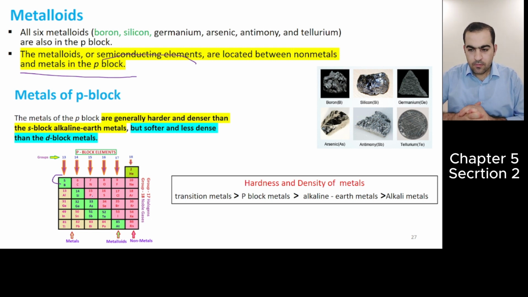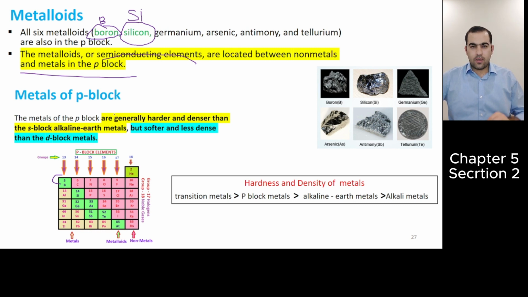I think we learned about their characteristics. They are all solid. And look, boron and silicon, try to know they are metalloids, and try to know their symbols, which is B capital for boron, and silicon is Si.